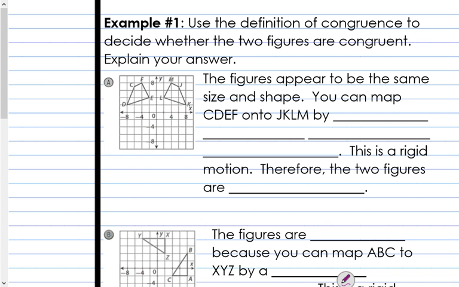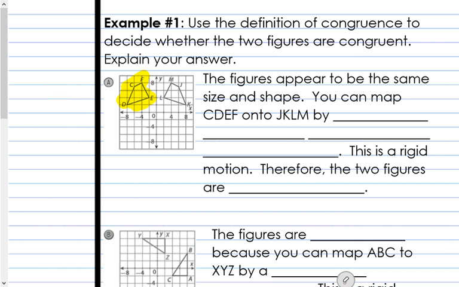It says the figures appear to be the same shape and size, and that we can map CDEF onto JKLM by doing what? What can I do to CDEF? How can I translate it? How can I rotate it? How can I reflect it that will map it directly onto JKLM?